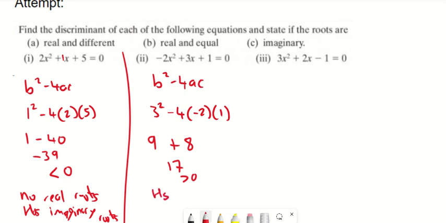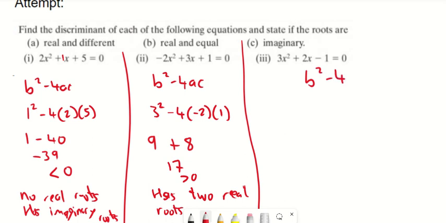So that has 2 roots. And the third, 2 squared minus 4 times 3 times minus 1. So that's 4. And then it'll be plus 12, so that's 16.